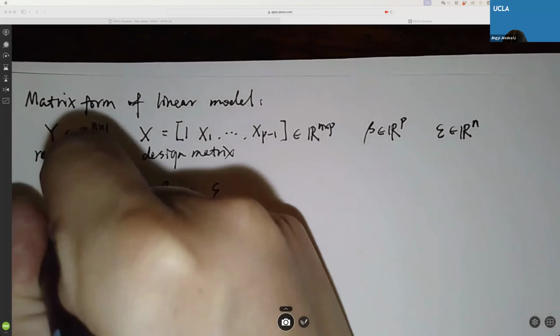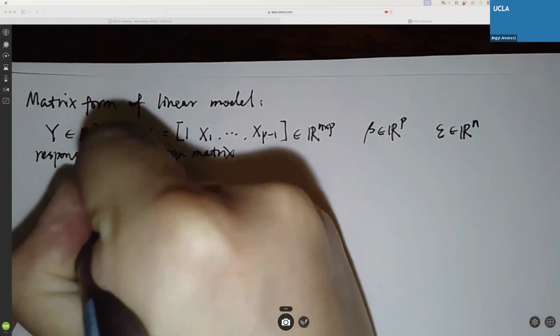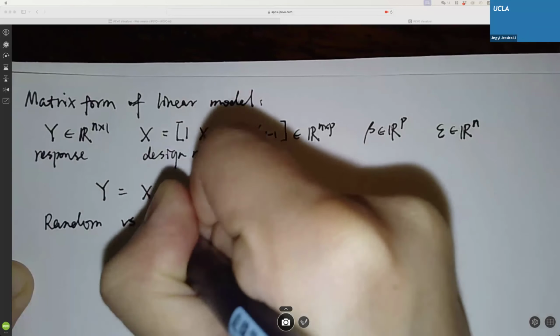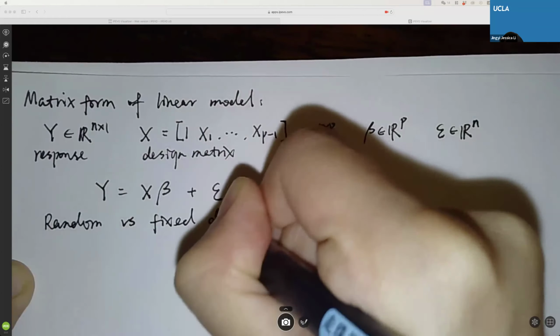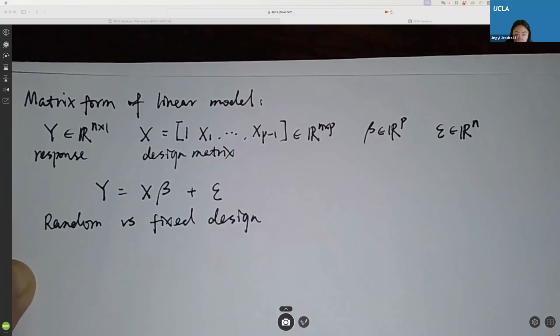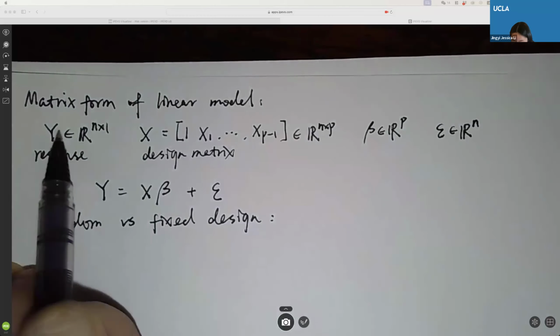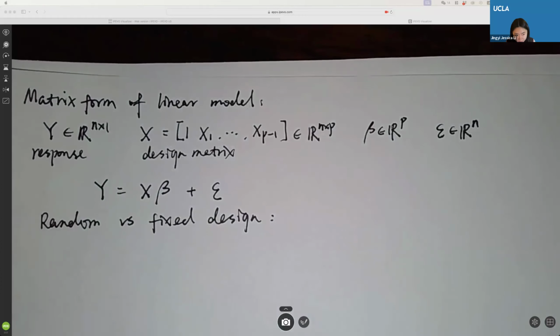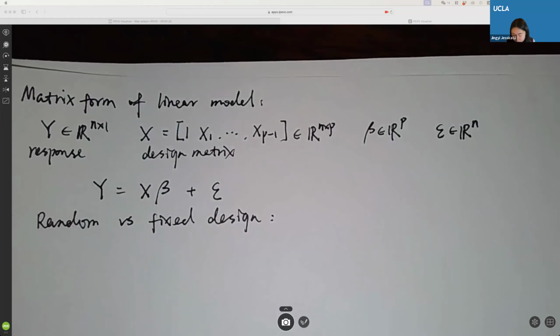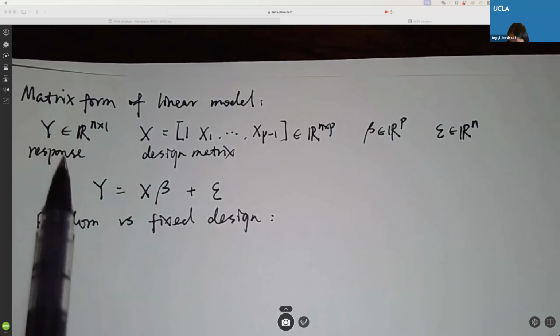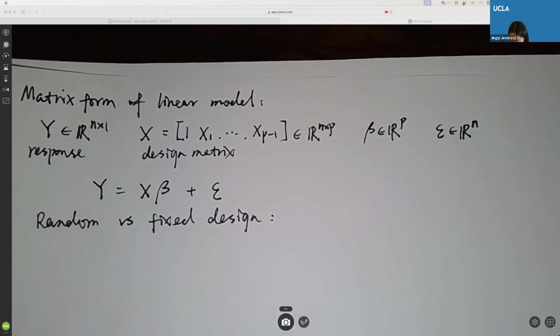So when we say random design or fixed design, we are talking about X. So please note that in this matrix form, we are stacking the n observations we get into this form, right? So we already have n observations from some population.